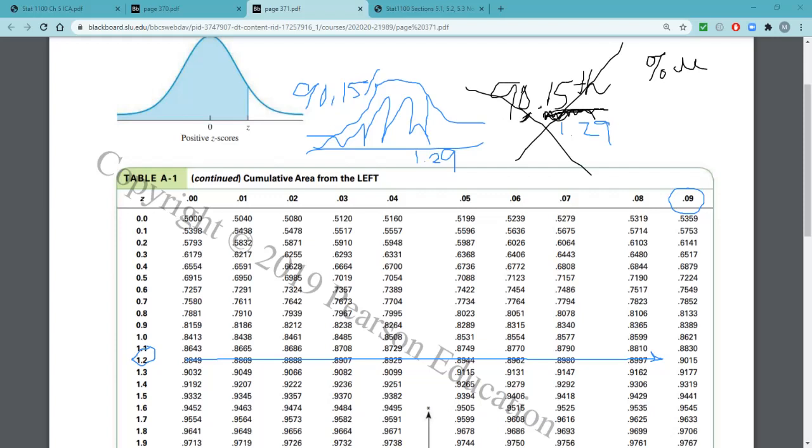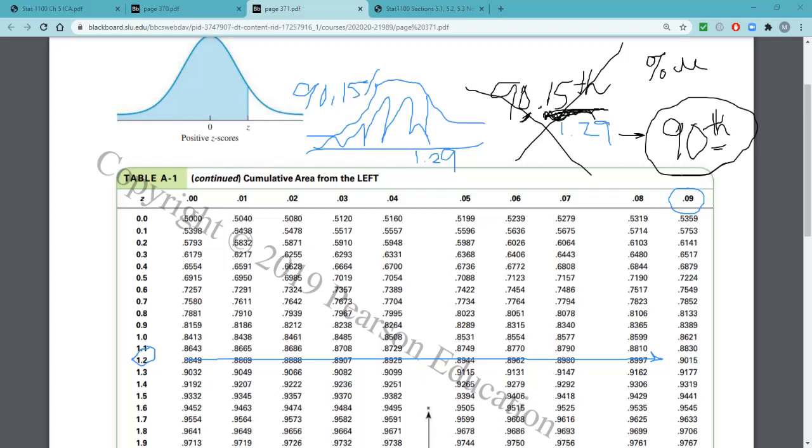So a z-score value of 1.29, or a body temperature of 99.0 degrees Fahrenheit, would give us a percentile of the 90th percentile.